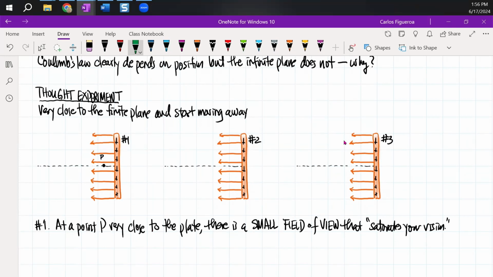So in this case, as I move away, I have a field of view that looks like this, and I only see a little bit of charge, but that little bit of charge has fewer E field lines, but it's still constant.